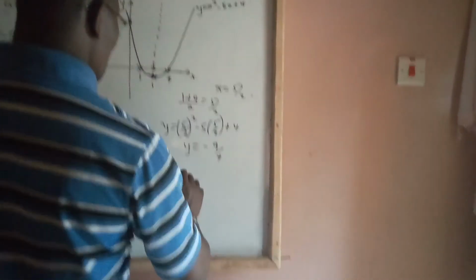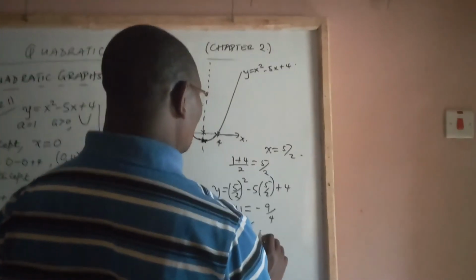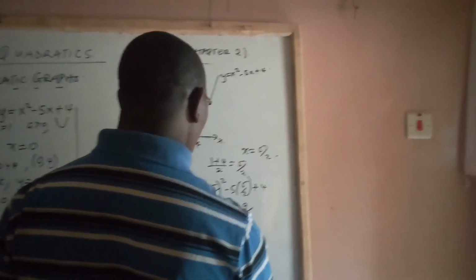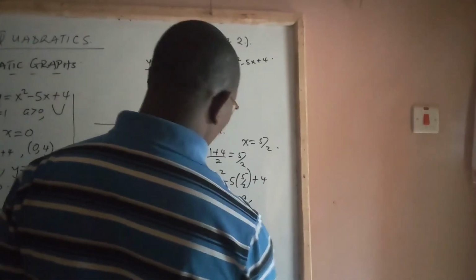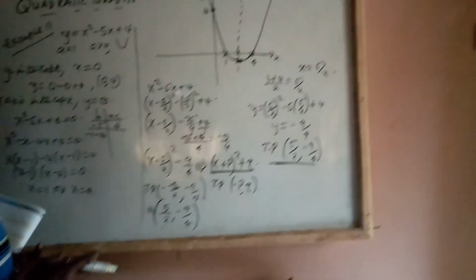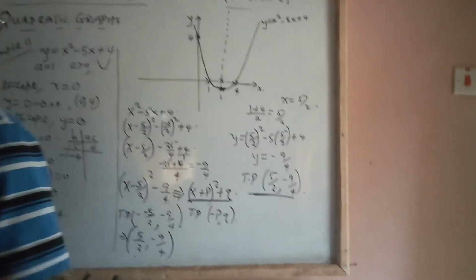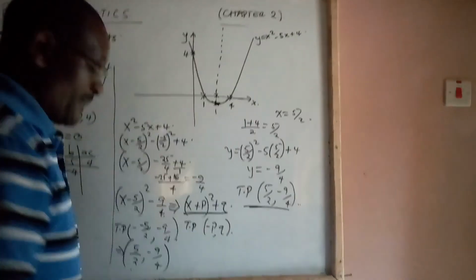So either way, the turning point has coordinates 5 over 2, minus 9 over 4. It is important to note that you can get the turning point using the completing the square method or using the symmetrical approach.